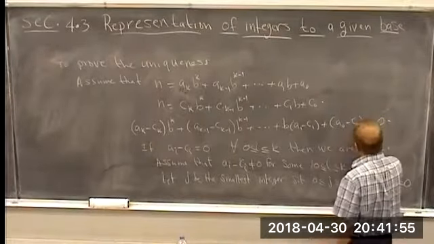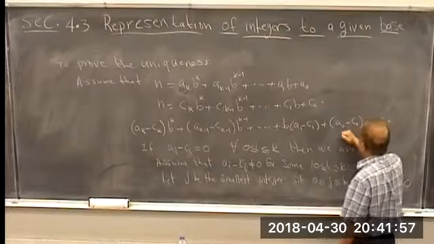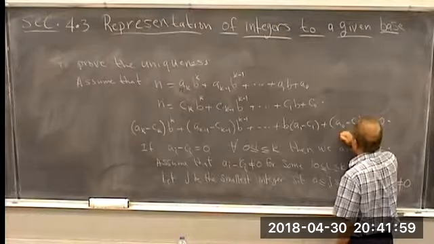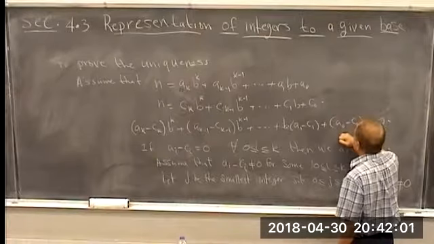So starting from the right, if a sub 0 minus c sub 0 happens to be not equal to 0, then our j is equal to 0.